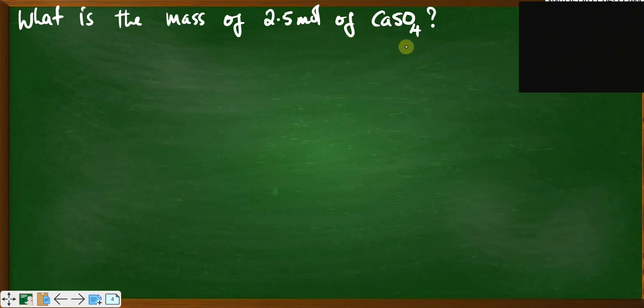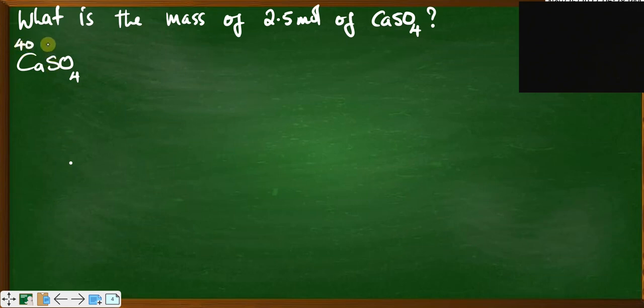For you to answer this one, first of all, you need to know the molar mass of calcium sulfate. If you have 1 mole of calcium sulfate, what will be the mass? First of all, find the relative formula mass of calcium sulfate. So you say calcium sulfate, which is like this. Its relative formula mass will be calcium, let me just write it properly. Calcium on the periodic table has a relative atomic mass of 40.